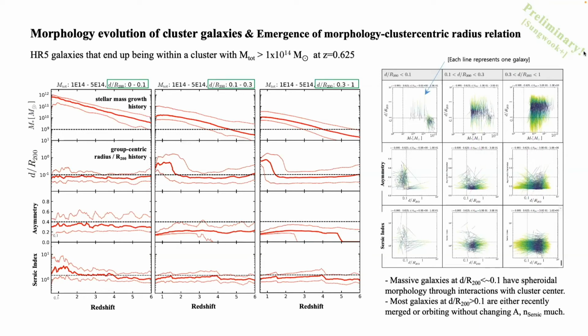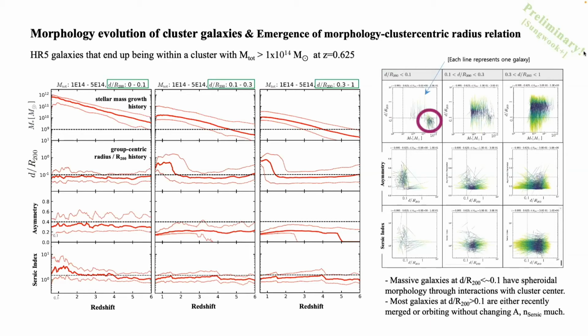When we look at the galaxies arriving at the center of the cluster, there are less massive galaxies and massive galaxies at the core. We see that all the small mass galaxies are galaxies that merged recently. Their D was larger than one, so they were outside the virial radius at z equal 1, but at z equal 0.6 they're at the center. But they are all small mass galaxies.